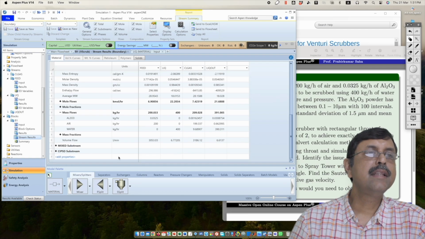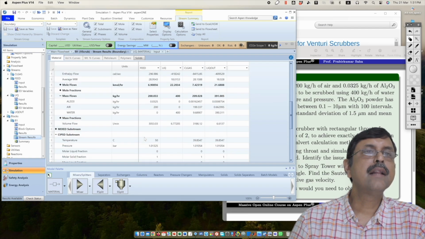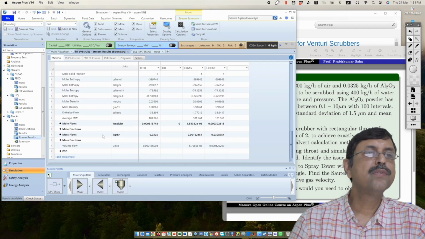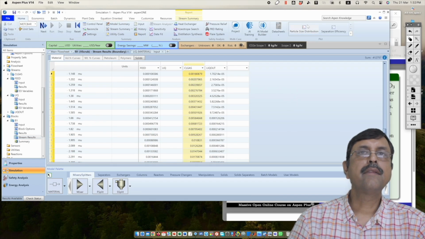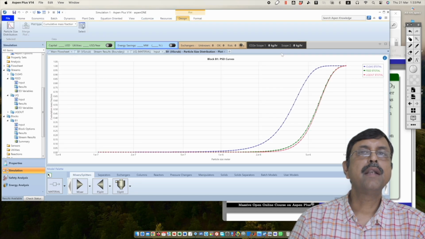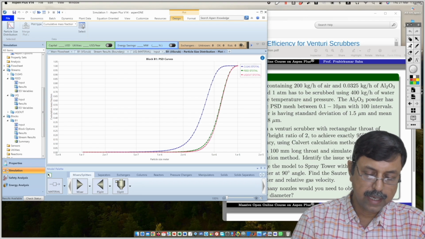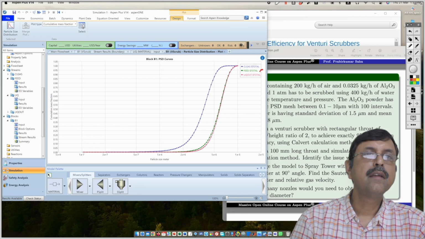If you want to see the particle size distribution of clean gas, then you can just see what is left. So this is the particle size distribution. If you check the particle size distribution, you can see over here. So the green line is the feed and the red line is liquid.